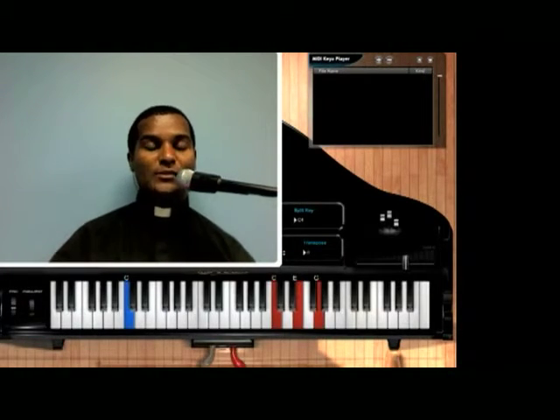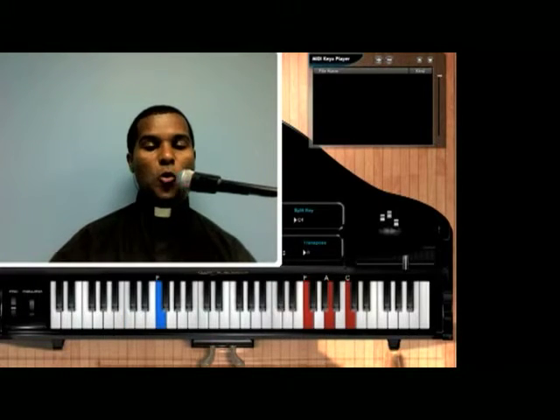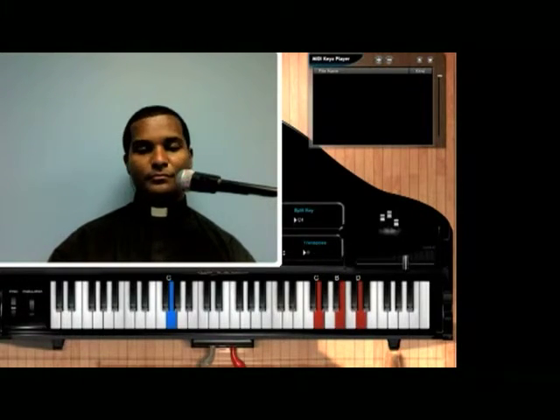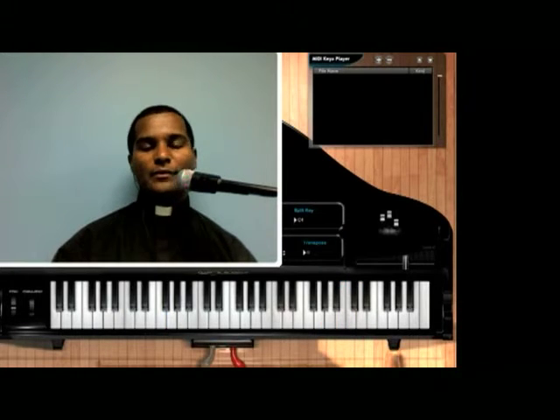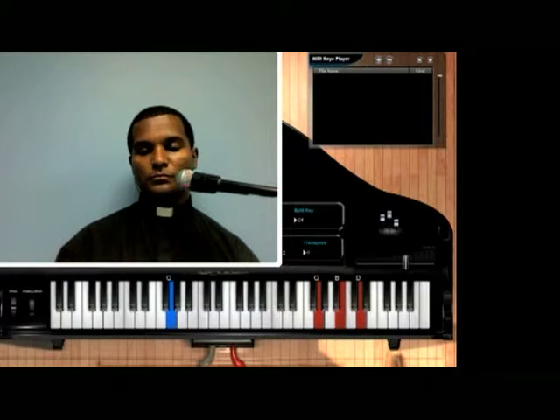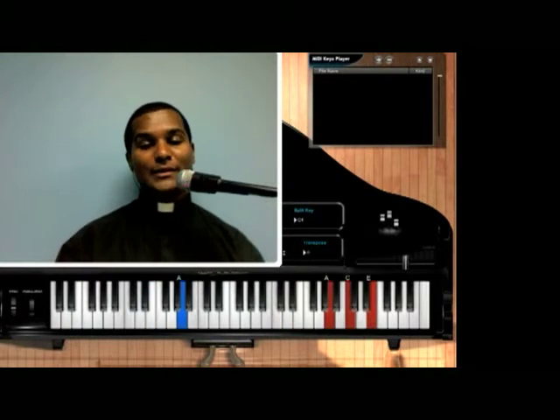The 1, which is C, E, G, to the 4, which is F, A, C, the 5, which is G, B, D. And after going from the 4 to the 5 chord, the 3, which is E, G, B, moves you towards the 6 chord.